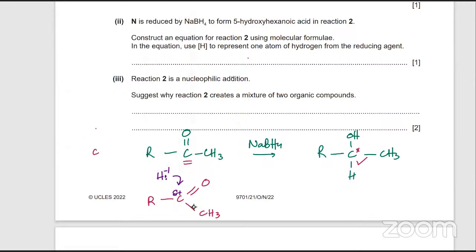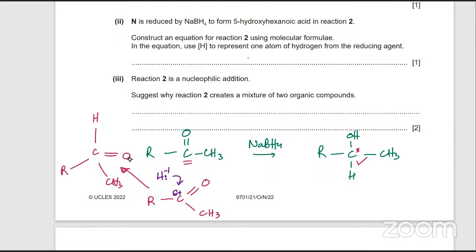What will happen is that the H will get added from the top, and all the other bonds will be pushed downwards. The double bond O will be pushed downwards, the CH3 will be pushed downwards, the R will be pushed downwards as well. So that is one molecule that's going to be produced. Okay, so the H is bonding from the top. And that is what happens in reduction.